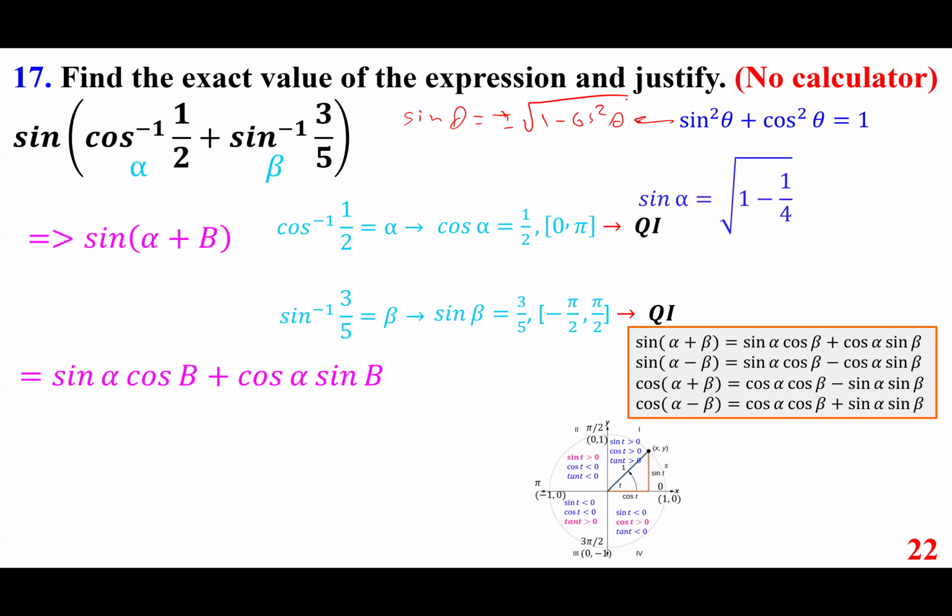So sine of alpha equals the square root of 1 minus 1/4. 1/2 squared is 1/4, so you get the square root of 3/4. 3 remains, 4 comes out as 2. That's pretty straightforward.